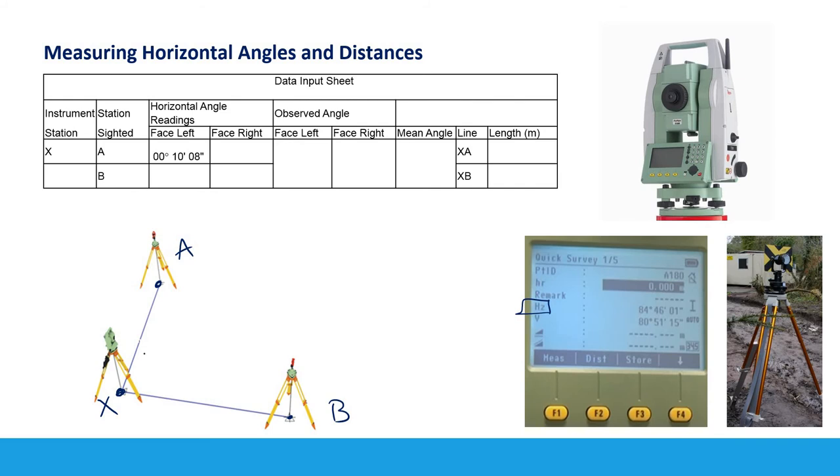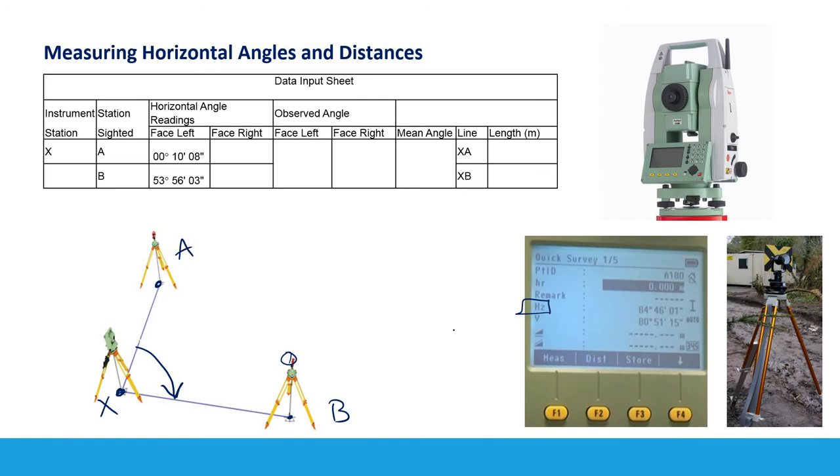Okay, and then I will turn towards B. I will sight the prism over B accurately, and then I will write down the horizontal angle here as a face left over B, and in this case it is 53 degrees 56 minutes and 3 seconds.